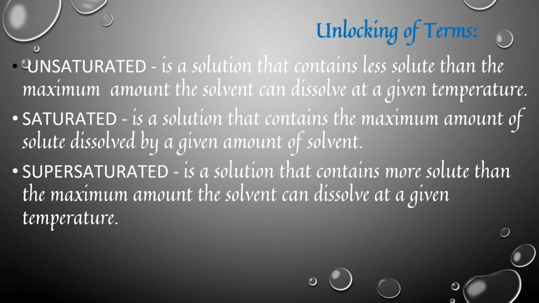Hindi niya totally nakuha yung dissolving capacity nung solvent. Pag sinabi nating saturated, ito naman yung tinatawag nating tama ang timpla. Sakto. Yung hinalo mong juice powder doon sa baso na may tubig ay eksakto lang po.